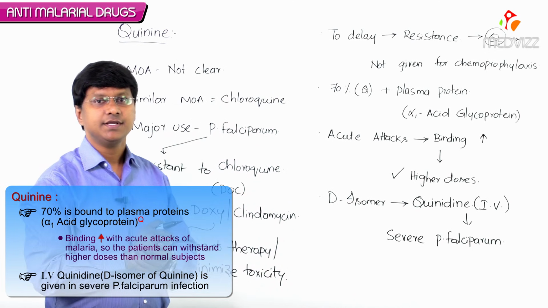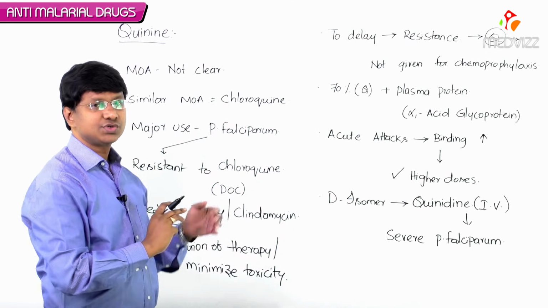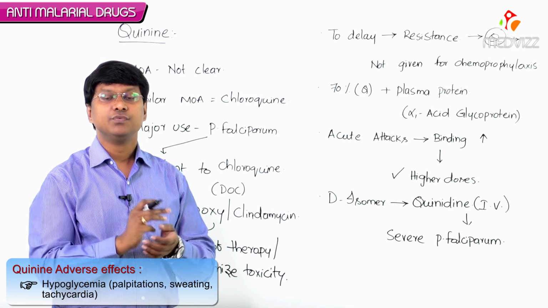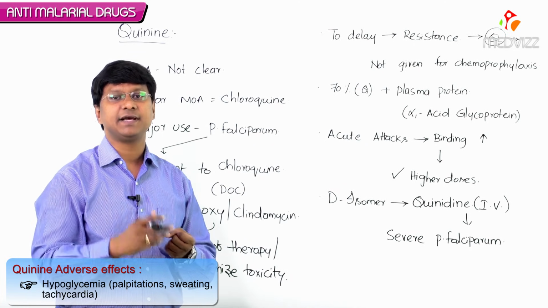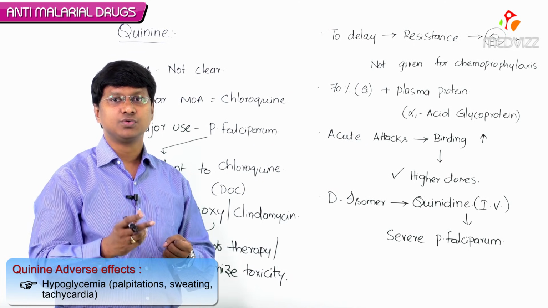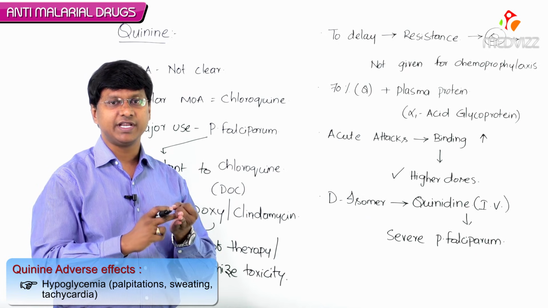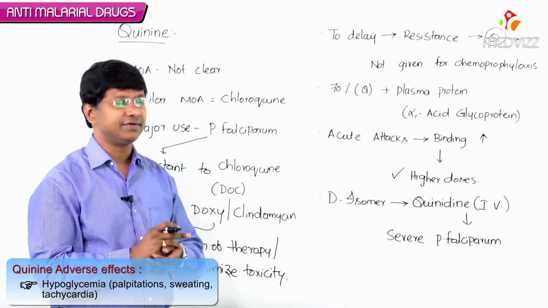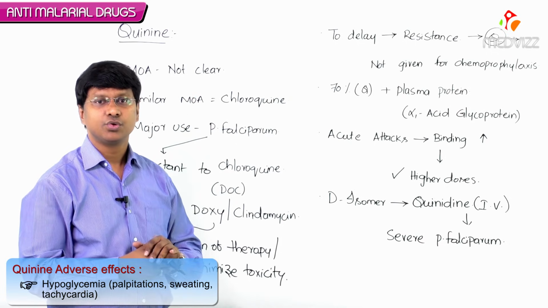Alright, next. The other point is, this particular quinine can cause hypoglycemia, which is manifested by the sympathetic manifestations. That includes palpitations, sweating, as well as tachycardia. So you need to monitor the blood glucose level when the patient is on this quinine.